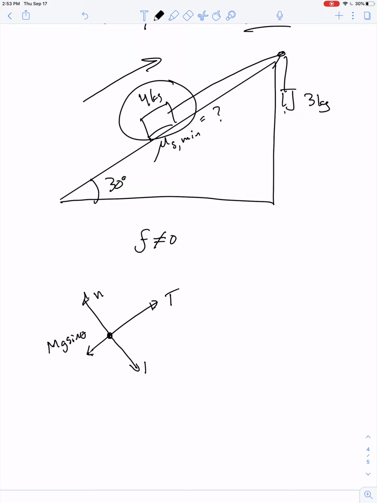And m g cosine theta. So this doesn't look balanced, right? It looks like the tension is greater in magnitude, but if the friction force is non-zero and it points back this way, then it would be the sum of the friction force and the component of weight that's offset by the tension. Now the free body diagram for the 3 kilogram block is much easier.